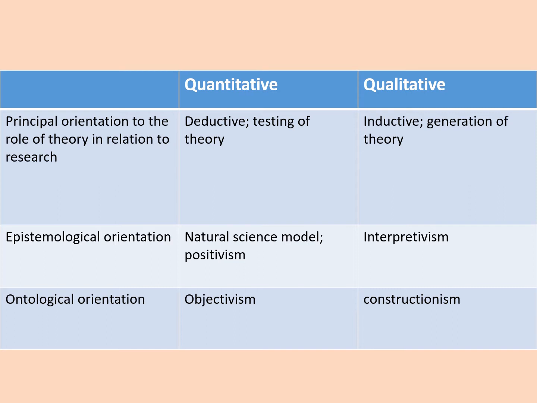And lastly, in terms of their ontological orientation, whereas quantitative research design are objectivist, that is, they refer to the social components of life as given, qualitative research design are constructionist, which means that they take into account the agency of human subjects in the way they construct the institutions and the other components of social life that they are part of.